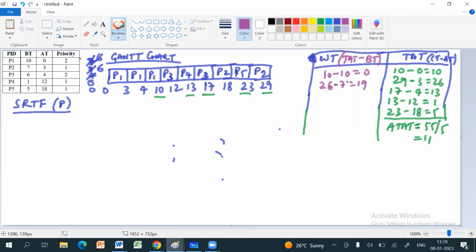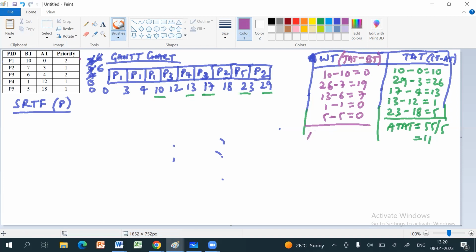Then 13 minus the burst time of P3, which is 6, gives 7. Followed by 1 minus the burst time of P4, which is 1, that is 0. And lastly, the turnaround time of P5 is 5 minus the burst time of P5, which is 5, so that is 0.